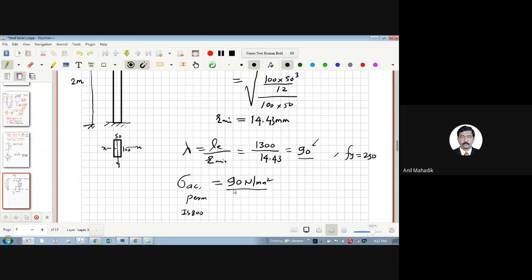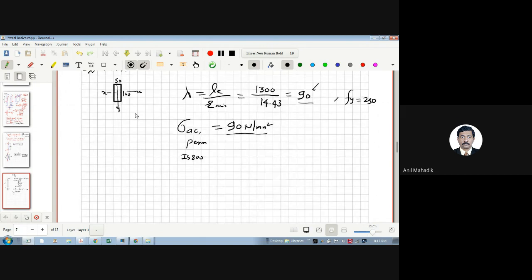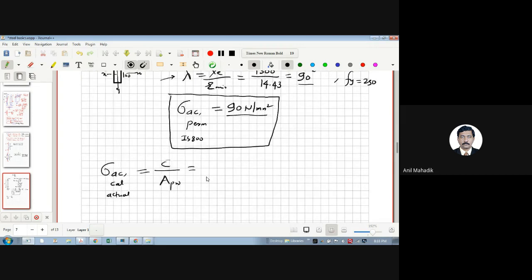Now our aim is to check whether this rod can take the 100 kilonewton force, whether it is safe or not. Now how to check? You got the permissible stress actually, that's why we have done this. Now you have to calculate actual stress, sigma AC calculated, actual. How to calculate? Compression divided by area provided. So what is our compression? 100, I think, 100 kilonewton.